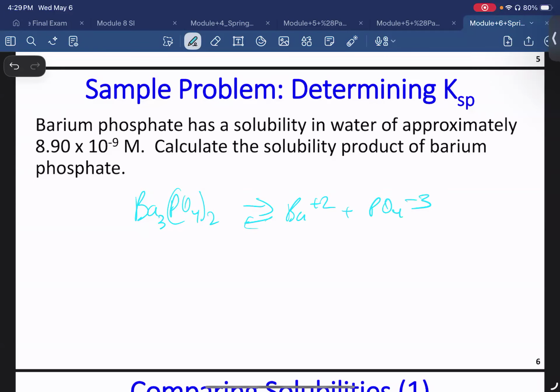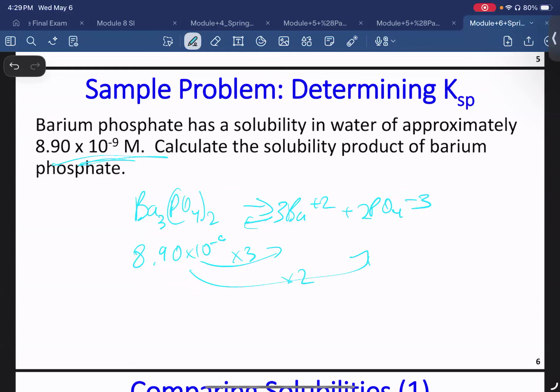So the chart is going to have a 2 and a 3. Actually, you don't need to do an ice chart here because it's telling you the concentration already. The idea is that if this has a concentration of 8.90 times 10 to the -9, this is going to be times 3, and this is going to be times 2 of that.